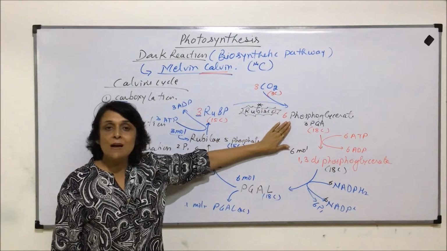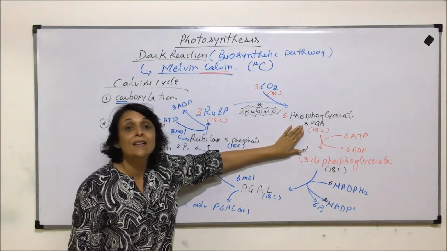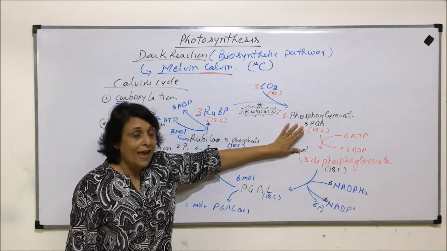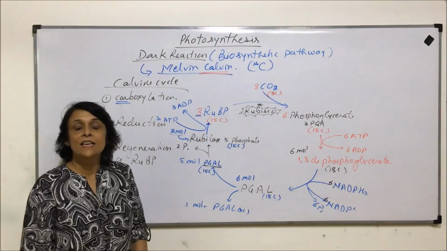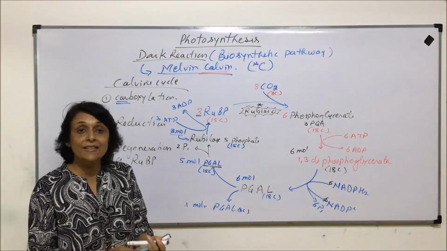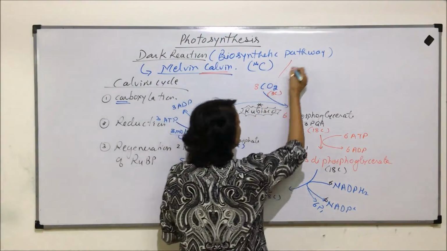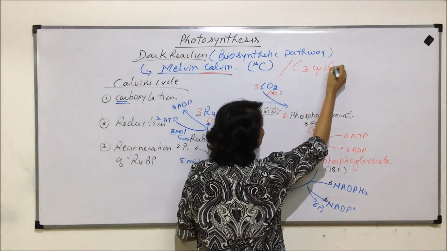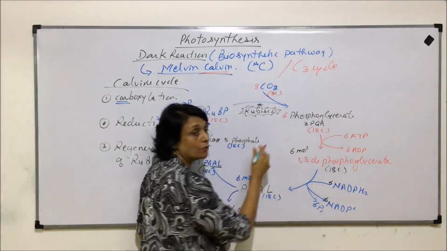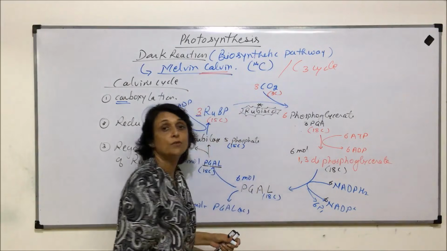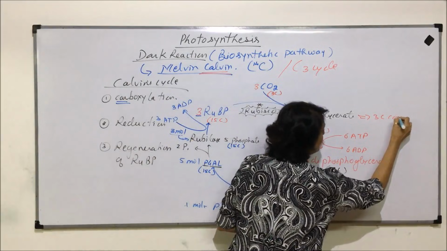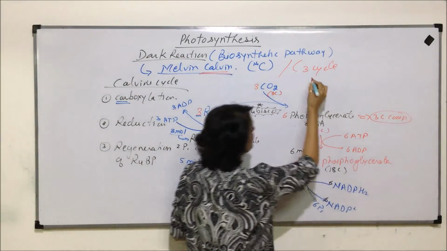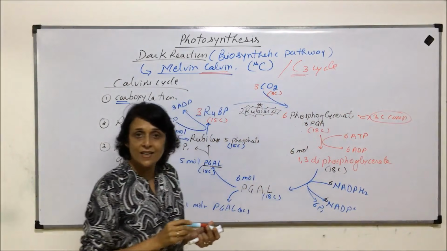The first stable compound which was formed was a 3-carbon compound, and this is the reason why this cycle is also given another name. It is called the C3 cycle, because the first stable compound which is formed is a 3-carbon compound.